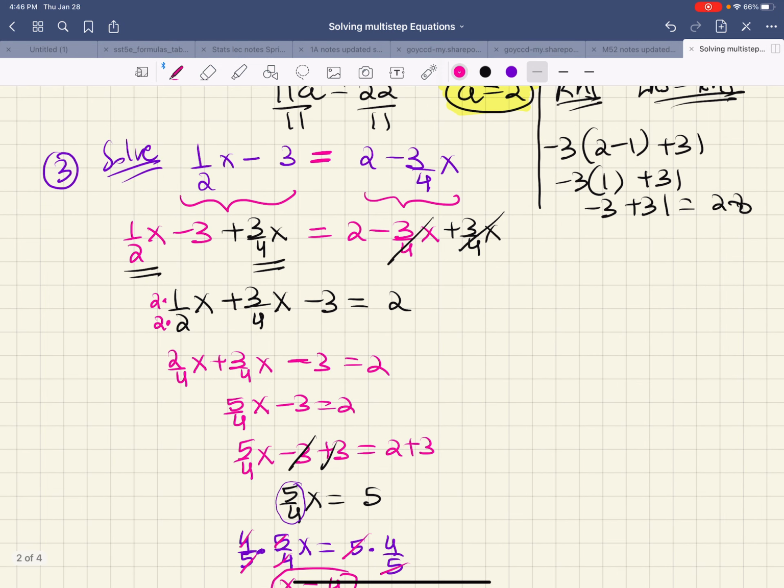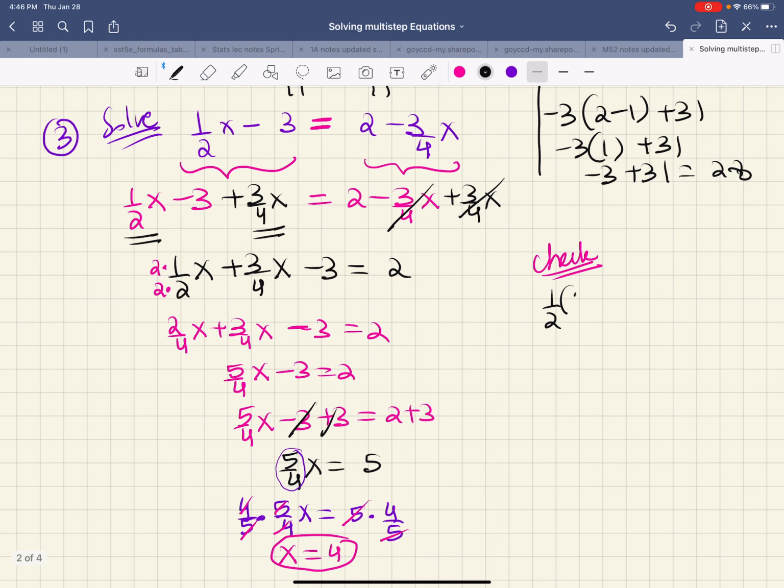Now before I really say this is my solution, again, for my own peace of mind, I need to check. If you did the work correctly, the left side should always equal the right side. Let's go ahead and check. 1/2 times, let's plug in 4 for x, minus 3. Let's see if it is equal to 2 minus 3/4 times 4.